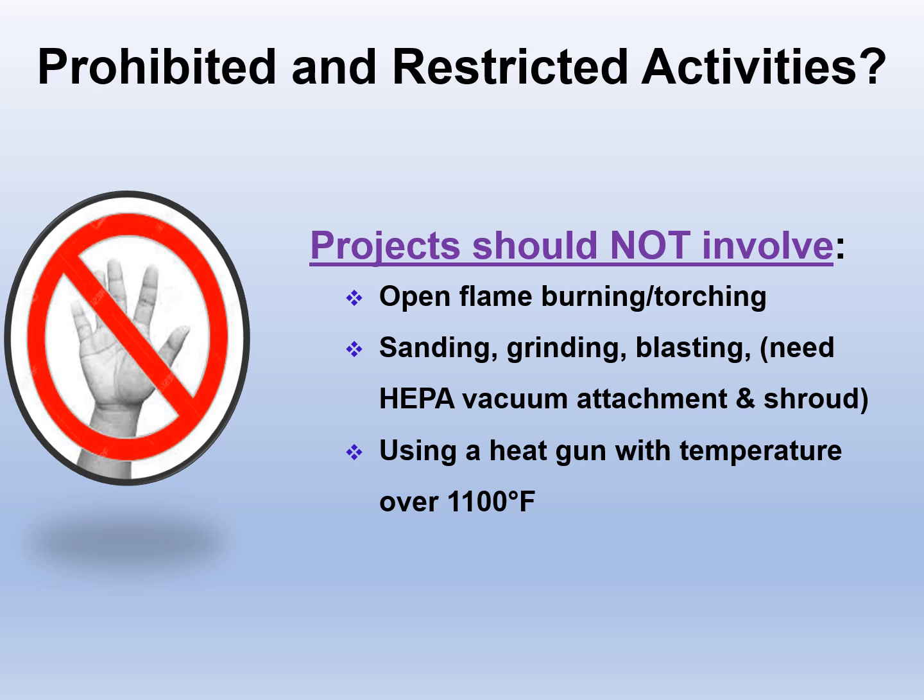There are prohibited and restricted activities when it comes to lead-based paint abatement and renovations. Projects should not include these activities as listed below, whether it be open flame burning or torching, sanding, grinding, or blasting.